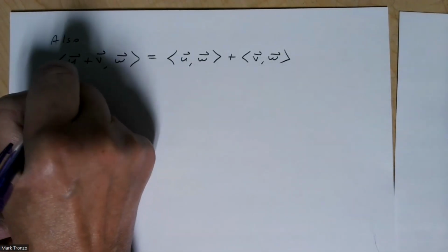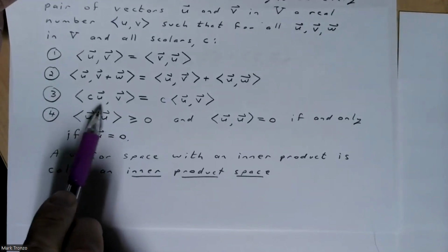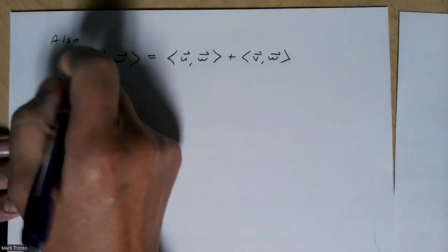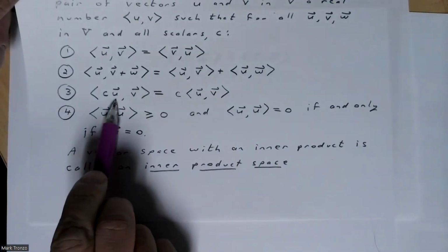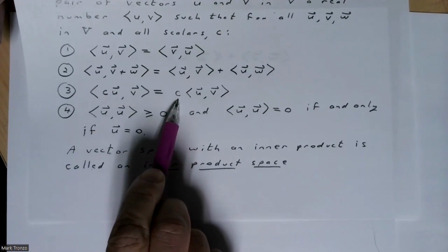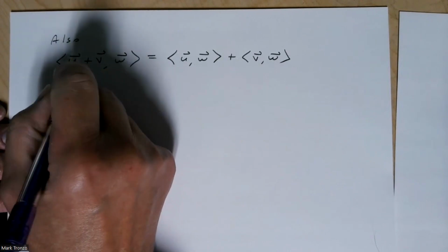Also, we have over here that if you take a scalar times one of the vectors, that's the same as taking the scalar times the dot product, or the inner product, I should say.